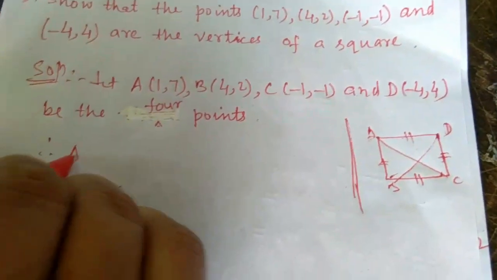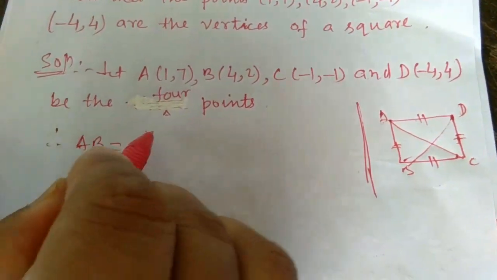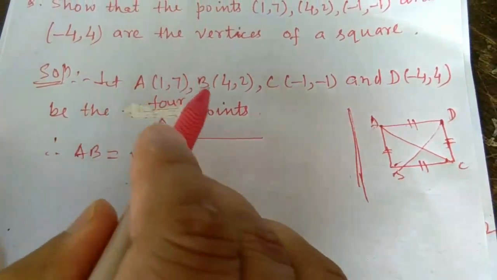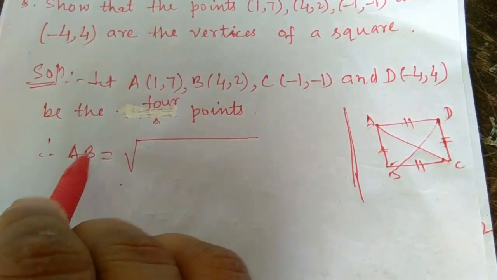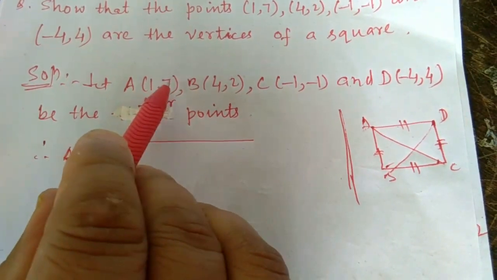AB means the distance between A and B. Distance formula: here B is in second place, so the coordinate of B will be x2, y2, and A will be x1, y1.